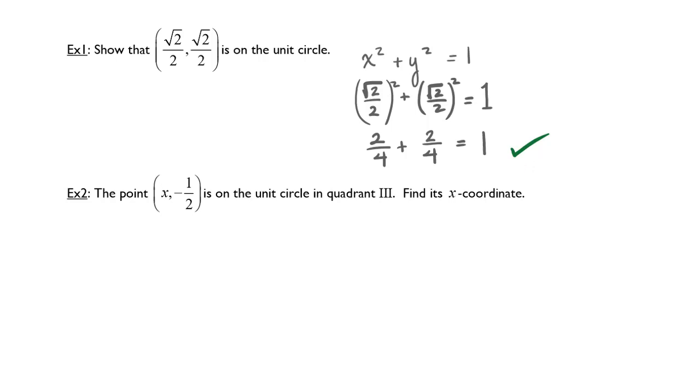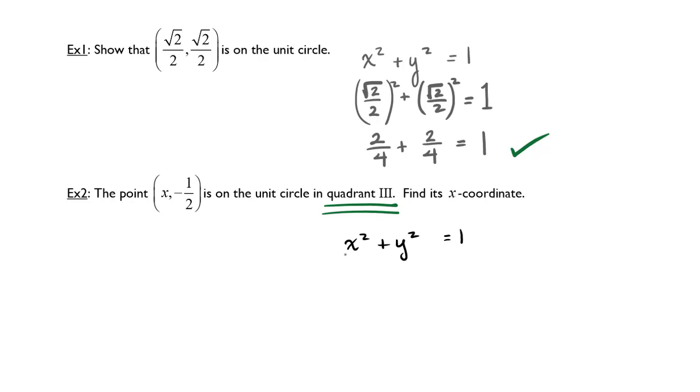If we wanted to take the point x, negative 1/2, and we wanted to say that it is on the unit circle in quadrant 3, that's very important, then we need to find its x coordinate. So we can take again the unit circle equation, x squared plus y squared equals 1.